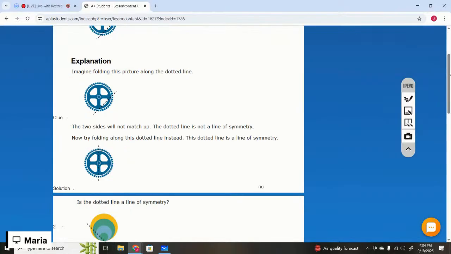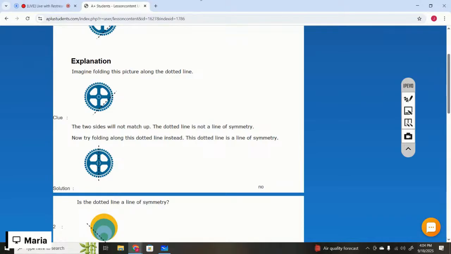It will not match up. The dotted line is not a line of symmetry. So basically, the line of symmetry is if you fold the image along the dotted line, the two sides match up, right? So that would be the line of symmetry.